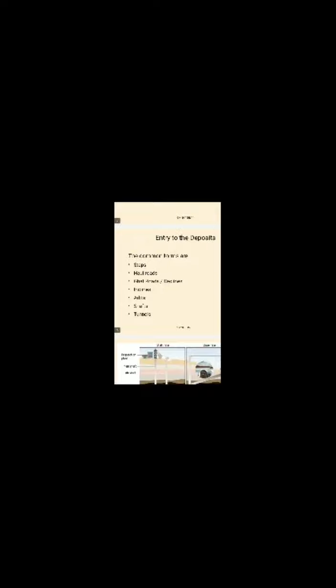These are the mining operations. These are the various ways of entry to the deposits. The shaft is like this, the slope of the mine, and this is open cast mining, and this is drift mining.